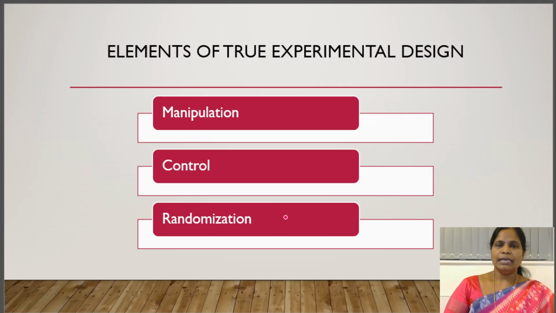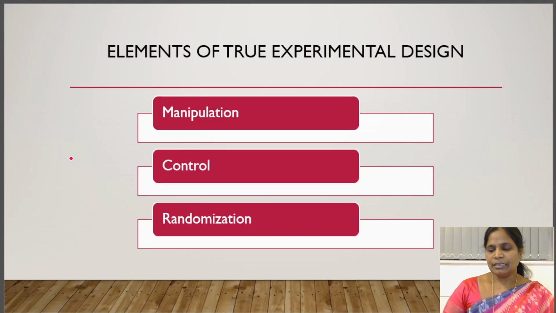Some of the elements involved in true experimental design are manipulation, control, and randomization. You need to have an understanding of these words. What is meant by manipulation in research?